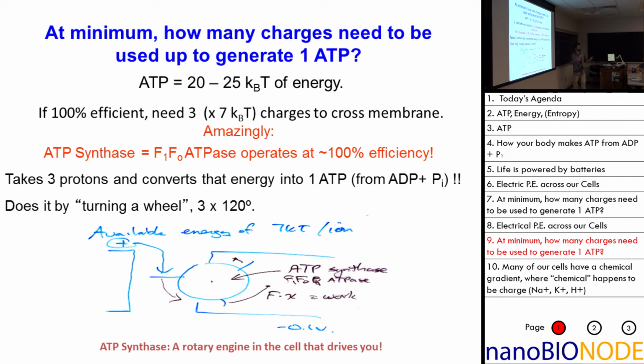What happens is you have some other system that is creating this minus 0.1 volts across it. And you have to somehow expend some energy to do that.